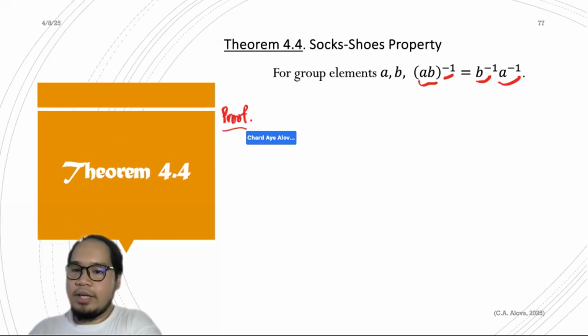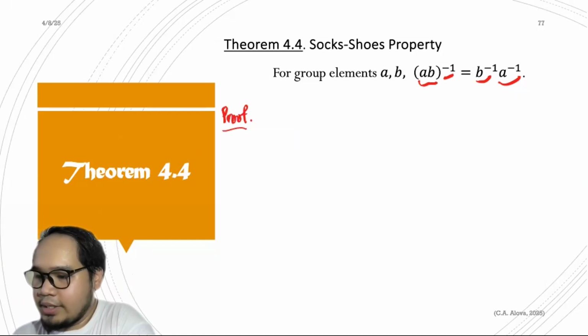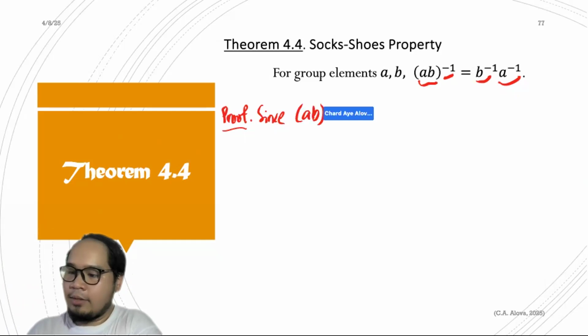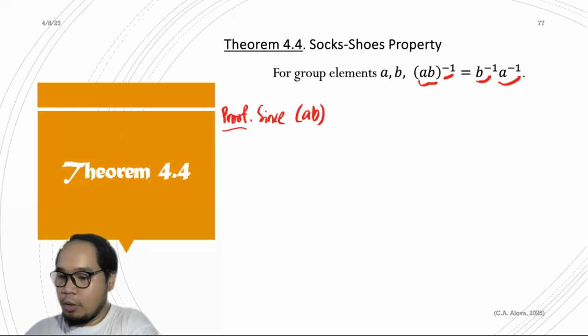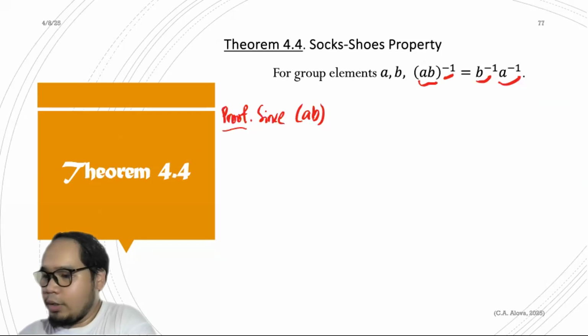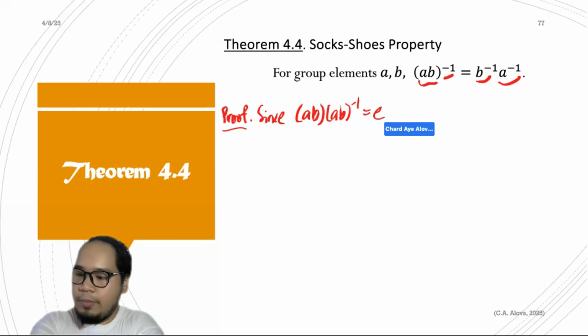Consider ab in G. Since a is in G and b is in G, ab is also in G by closure. We know that ab times its inverse should be equal to e, because we're just multiplying it by its inverse, so it should equal the identity element.